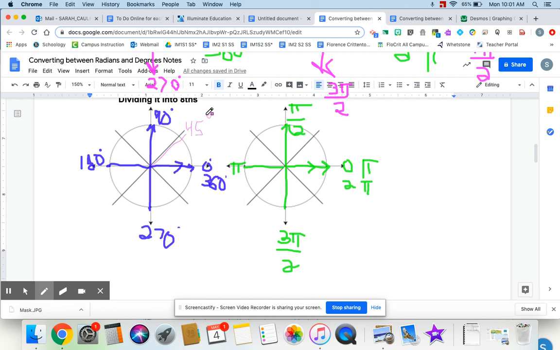If you add 45, you get 90. You add 45 again, you get 135. You add 45 again, you get 180. If you add 45 again, you get 225. You add 45 again, you get 270. 45 again brings me to 315. And then my last 45 brings me back to the 360.